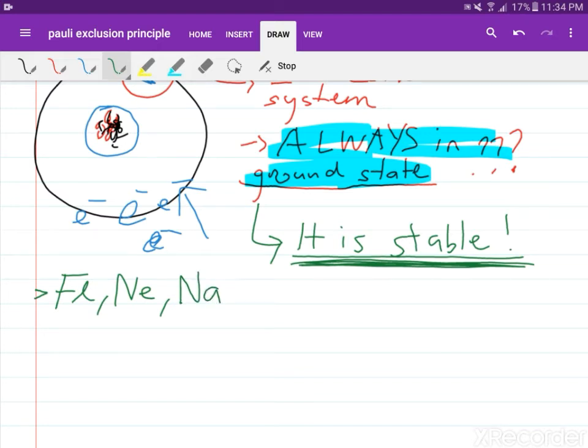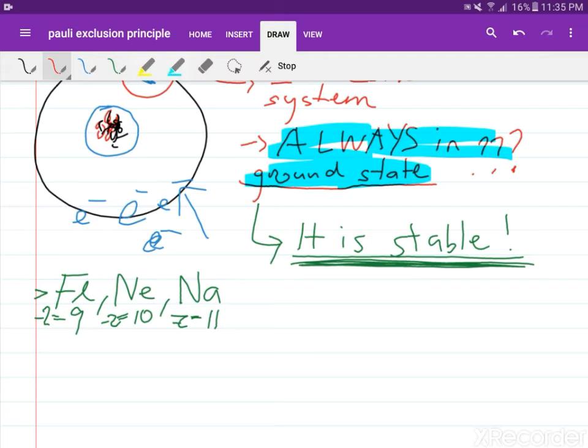These elements have atomic number Z equals 9 for fluorine, Z equals 10 for neon, and Z equals 11 for sodium. From fluorine to neon, you just add one electron. From neon to sodium, you just add one electron. But these three elements have very vast differences.